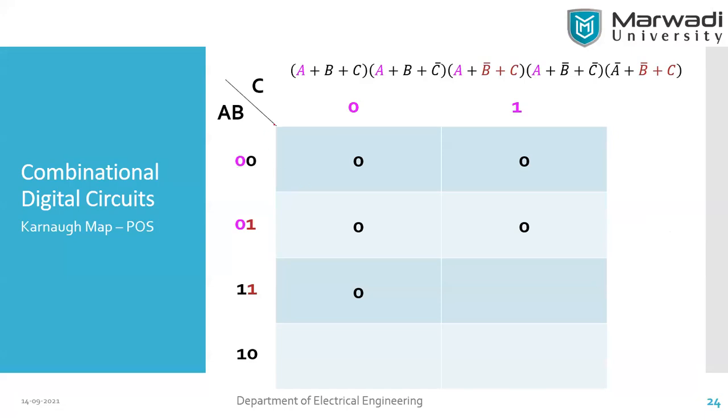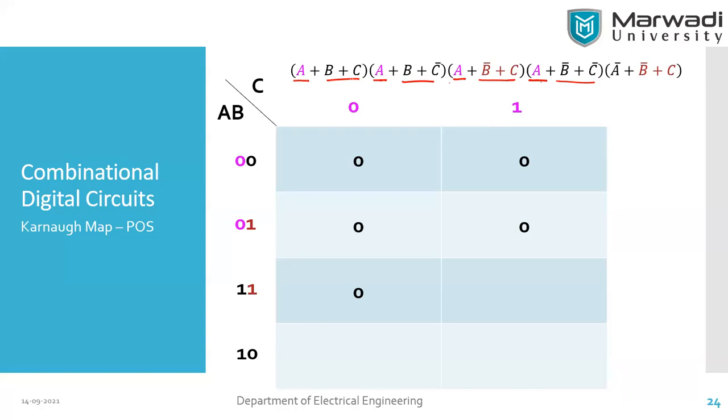If you say this, then it's A, and A. Right? All four combinations of A are covered, right? A plus B plus C, A plus B plus C bar, A plus B bar plus C, and A plus B bar plus C bar. Okay. So if you try to simplify this expression, right?